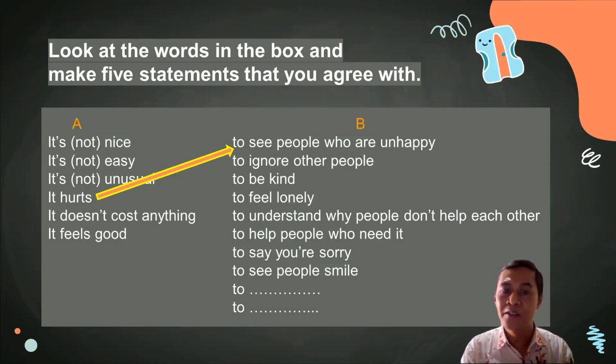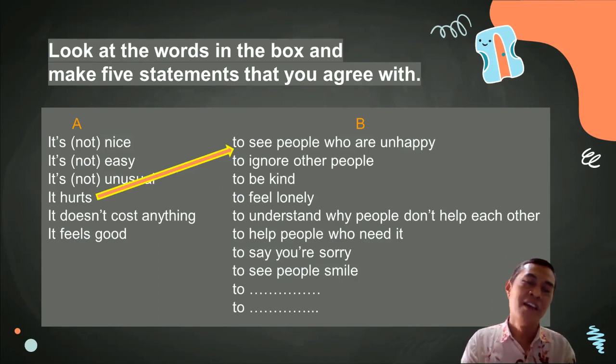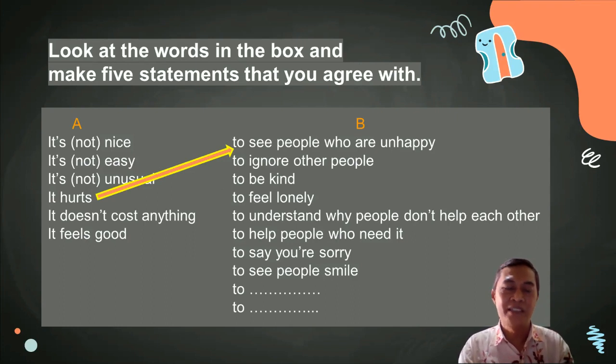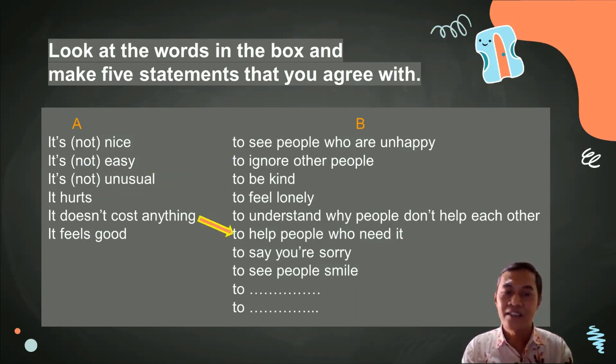Sometimes when we see people unhappy, we feel hurt. Good. The next one is, it doesn't cost anything to help people who need it. You may help them with anything you can do.